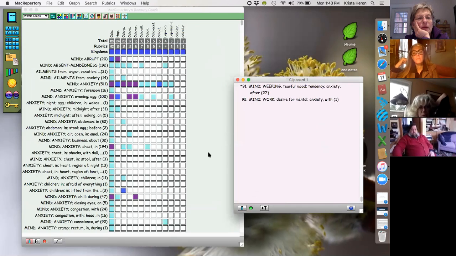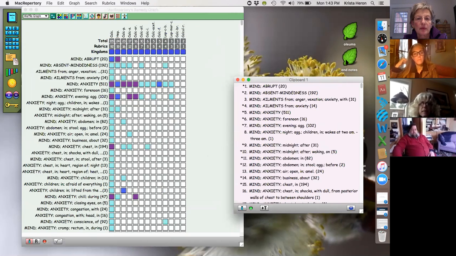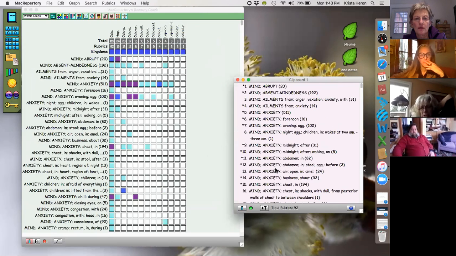Okay, so here we are in this graph with these rubrics, whatever they are. Let's say we want to clump things, and for our purposes here, it doesn't really matter. I'm just going to show you the simple way of clumping things into themes. The fact that these are all anxieties will make it a little bit more challenging to name them.